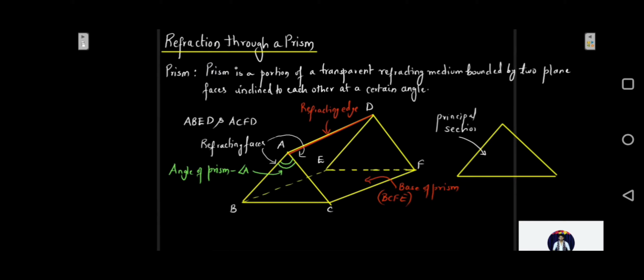That means you cut the prism somewhere in between such that your plane of cutting is perpendicular to the refracting edge. Then that gets you the principal section. Let us say ABC, the front face, that is, triangle ABC is the principal section.